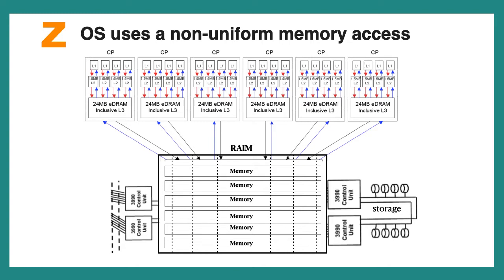As I said in the earlier slide, the compartments between CPU and memory are close together. This is the reason why they are close together, because they use what we call non-uniform memory access.